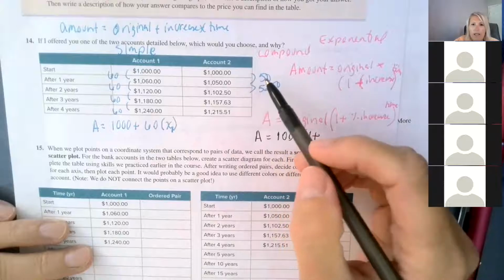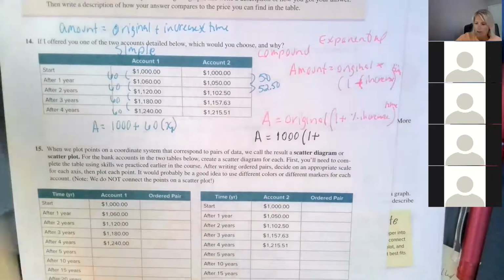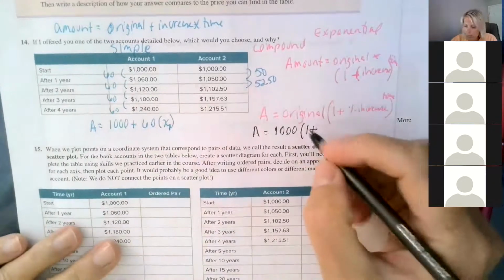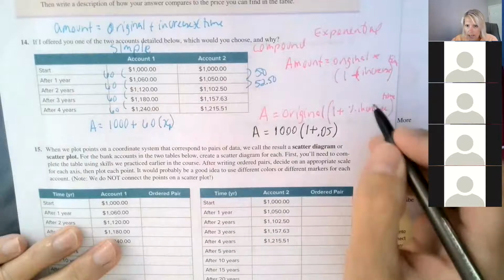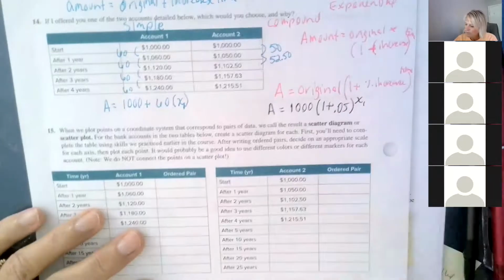You could actually say 50 divided by 1,000 and see what you come up with. That should give you that percent. 0.05. Yeah, so 0.05. So I'm just going to write 1 plus 0.05, and then raise it to time. My time for this example is X1.